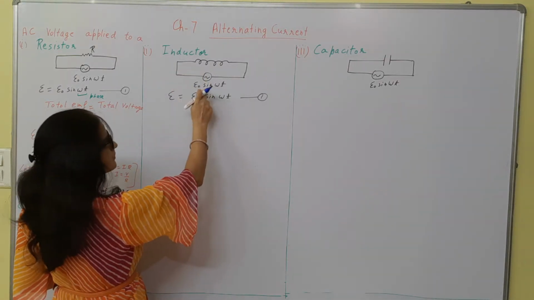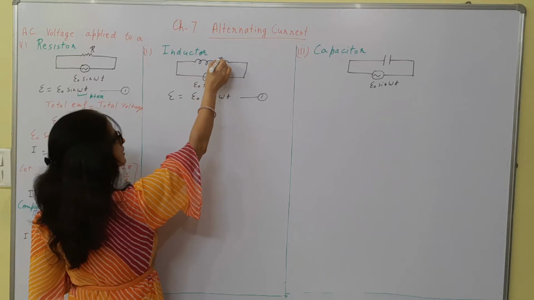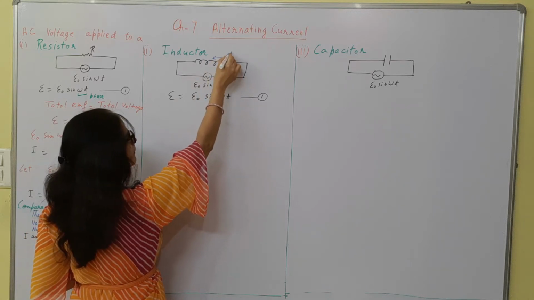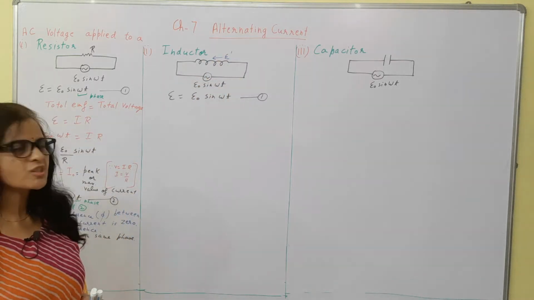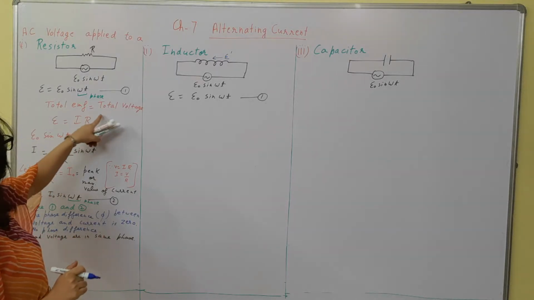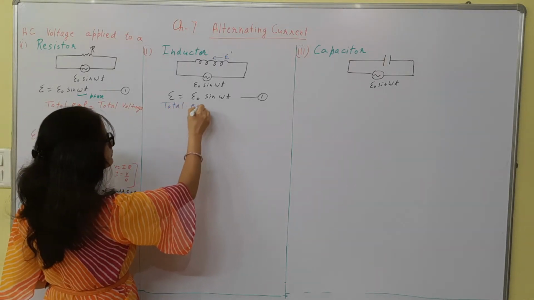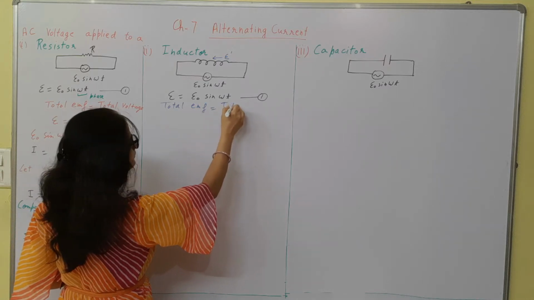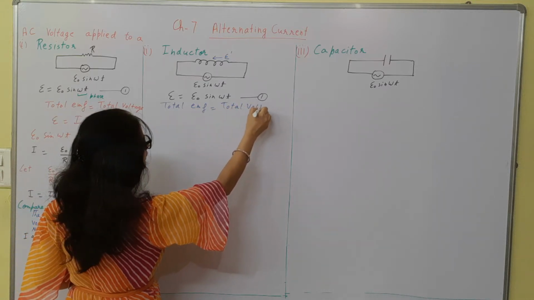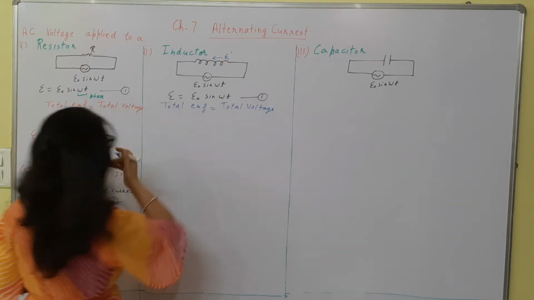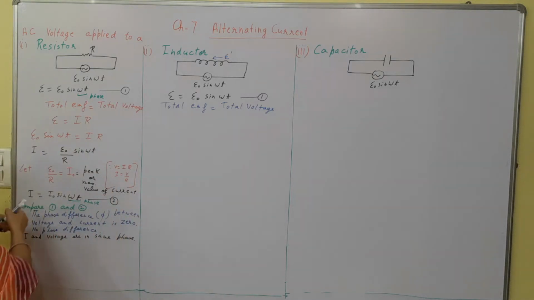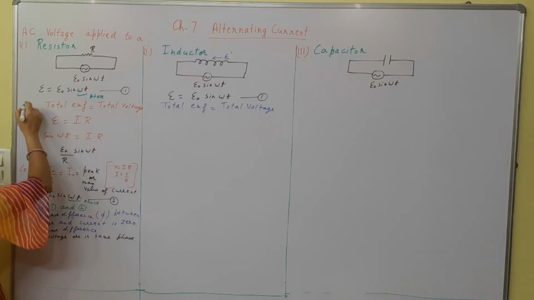So this is the supply EMF, and here some back EMF, or you can say the induced EMF, is also developed. So if we apply this concept that total EMF is equal to total voltage, this is a trick, in fact, not a rule, not to be written.